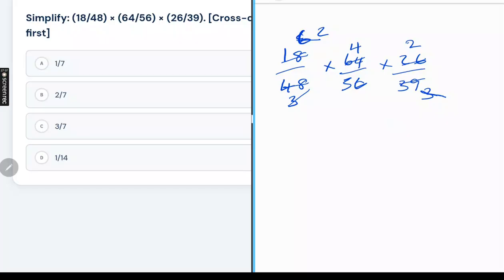Now, let's continue with 56. We have not touched this 56 at all. What can divide 56? Do you know 4 can divide 56? 16 can divide 56? Yeah, that means if 16 can divide 56, 8 can divide it too.